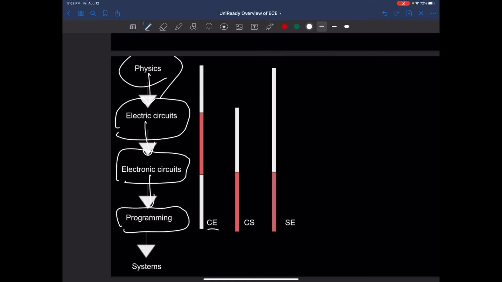And you can abstract this to programming languages, C++, C, Python, different programming languages that you can write software in. And the software can be abstracted one step up to systems, databases, servers, Google, different servers within Google that are running software.